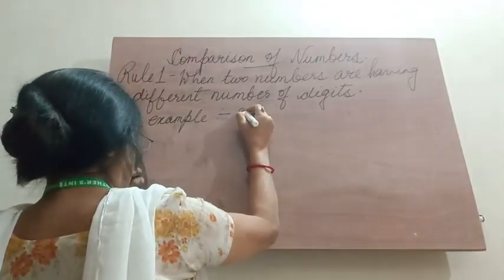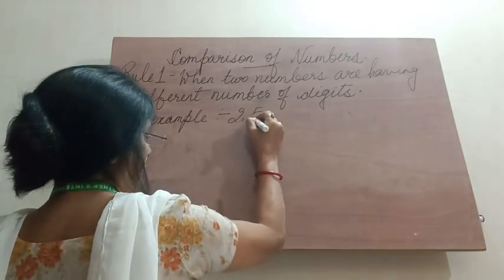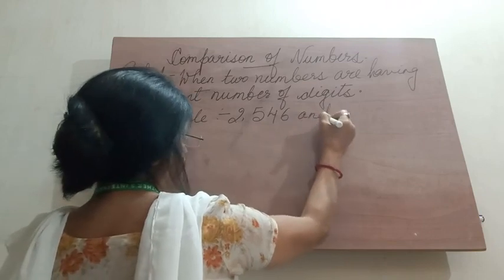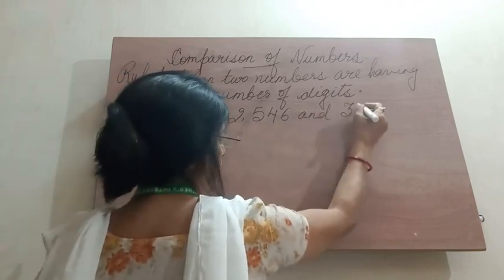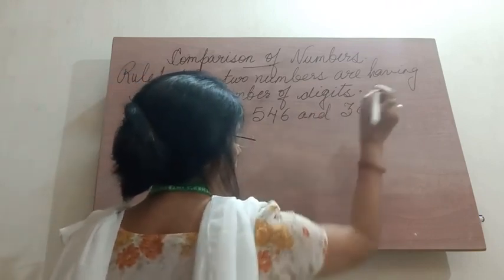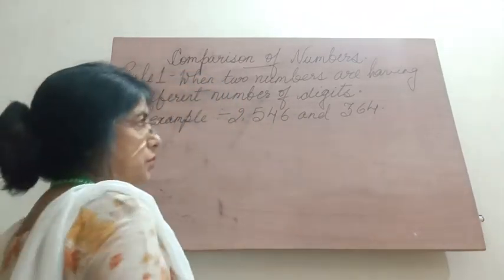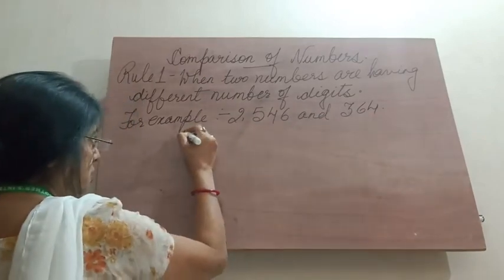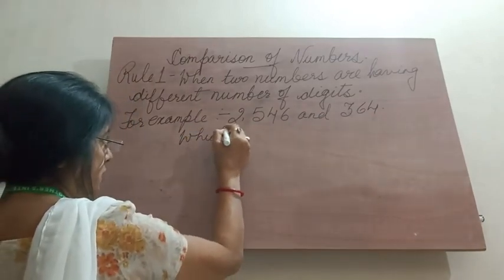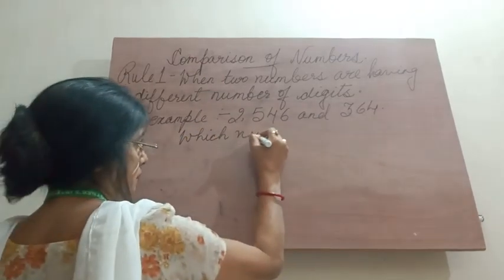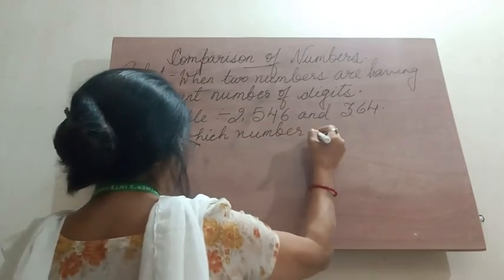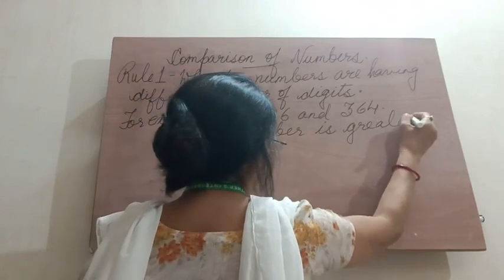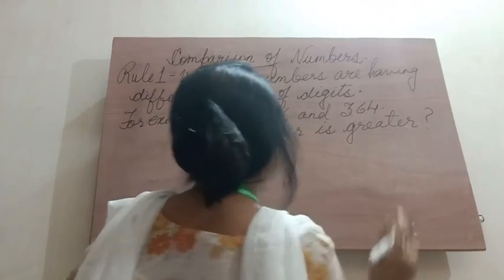One number is 2546 and the second number is 364. Now we have to see which of these two numbers is greater.